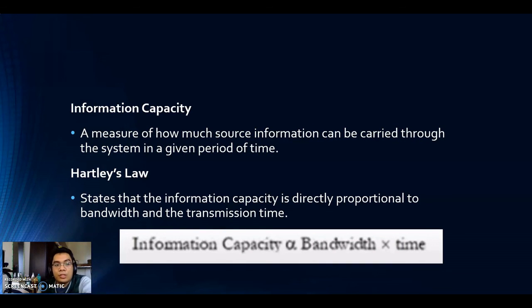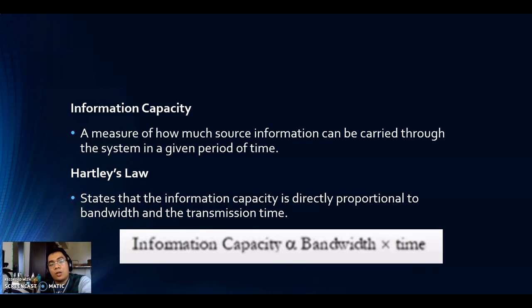We also have other terms like information capacity and Hartley's law. Okay, so what is information capacity? Information capacity is a measure of how much source information can be carried through the system in a given period of time, whereas Hartley's law, if you would remember some of the topics that you might have covered prior to this subject, like Electronics 3, states that the information capacity is directly proportional to the bandwidth and the transmission time.